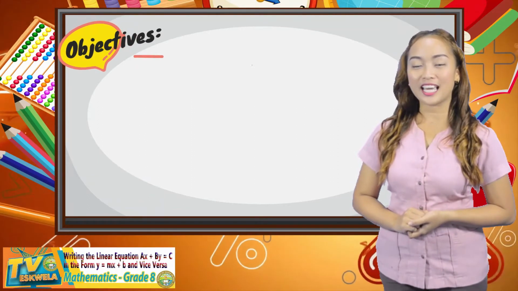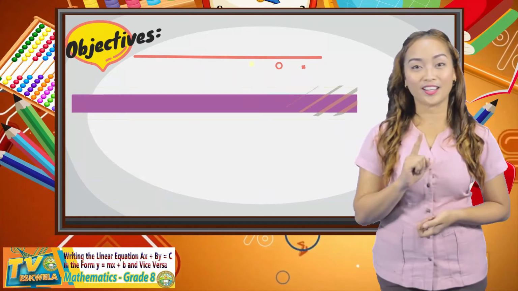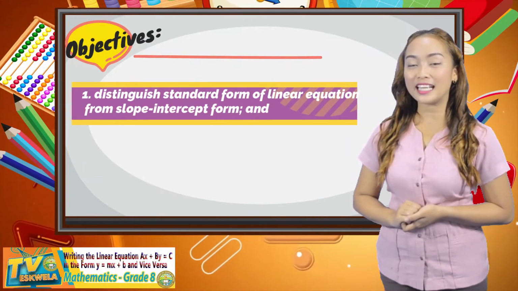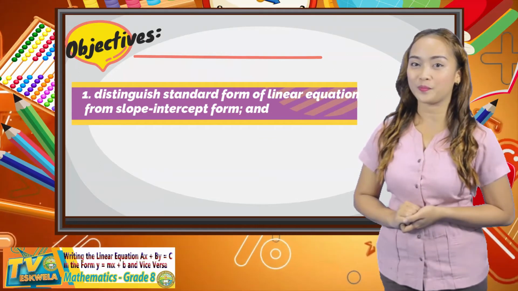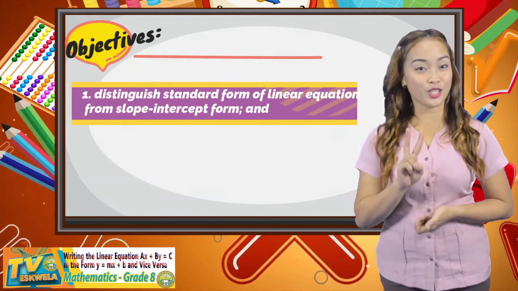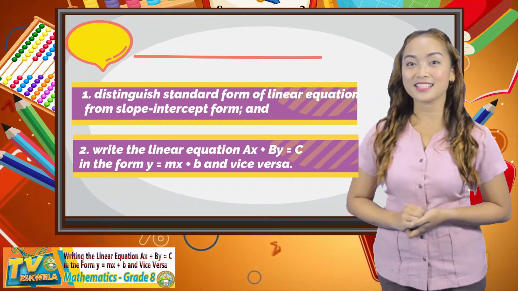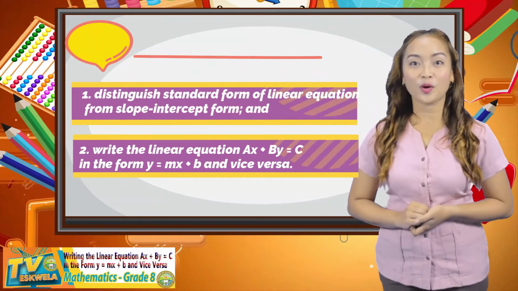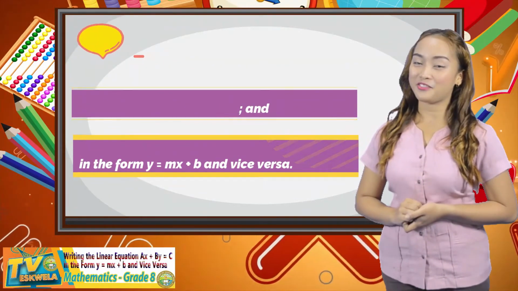At the end of the lesson, learners are able to: number 1, distinguish standard form of linear equation from slope-intercept form; and number 2, write the linear equation ax plus by is equal to c in the form y equals mx plus b and vice versa.